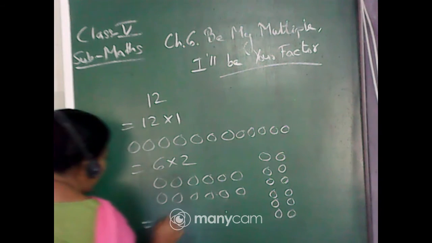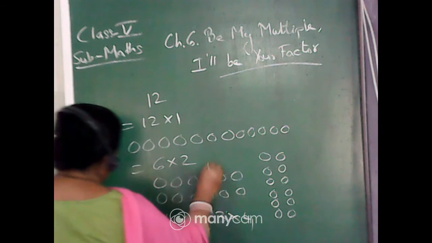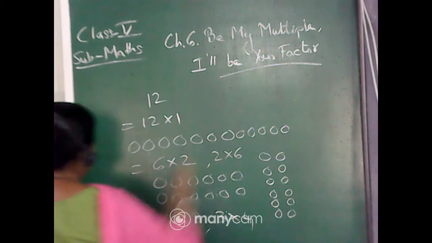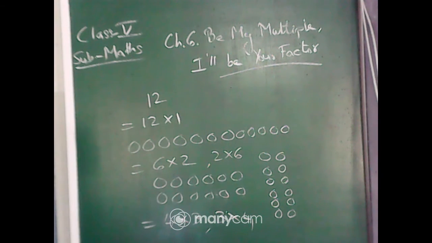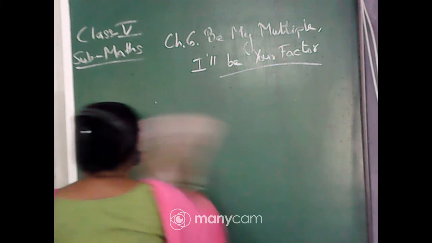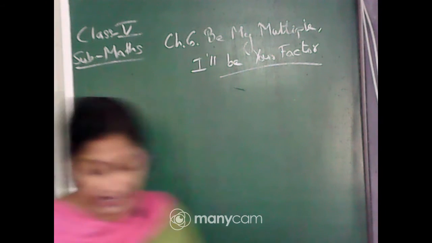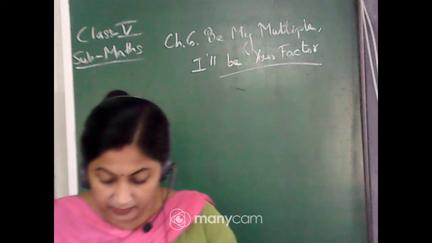And similarly one more, 4 into 3 or 3 into 4. So this means you can arrange in 5 different ways. So write it 5. In 5 different ways you can arrange the 12 tamarind seeds.